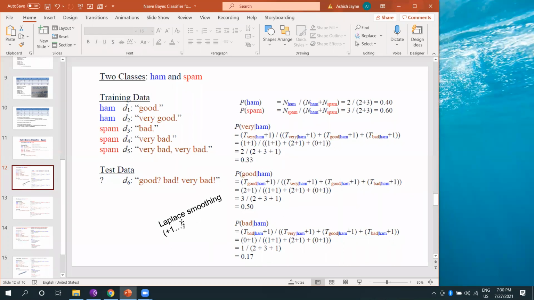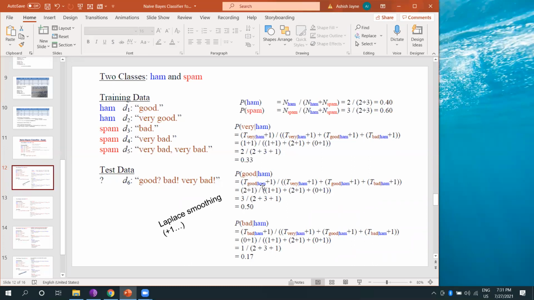Now why do we do Laplace smoothing? Because at times if we try to find the probability P(bad | ham), that would be 0, and we cannot accept that because it will affect our final calculations if 0 appears too many times. Now, the way we calculated P(very | ham), we would do again for good.